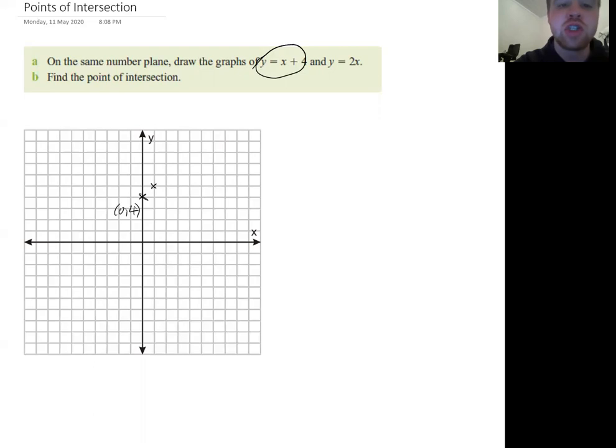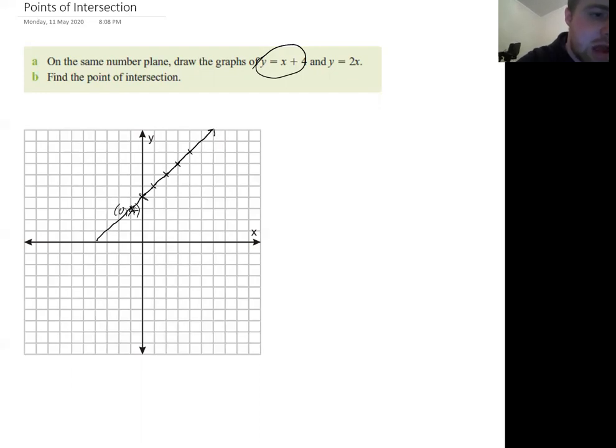And then when x is 2, it's going to be 6. And you can see every time we go across 1, we also go up 1 on our axes. And if we were to make x minus 1, it would be 3. And you can see that we're going down 1. So our line is just like this.